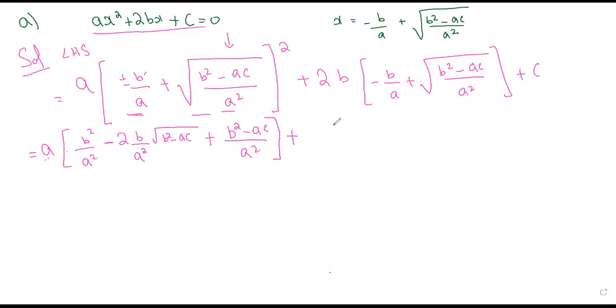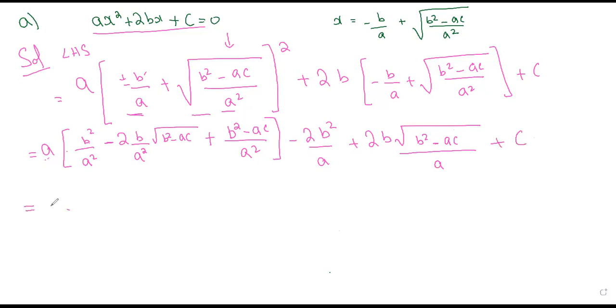Plus, and now I can just multiply this, because I would have to multiply this at the end, so let's just do it here. Minus 2B squared over A plus 2B under the root B squared minus AC over A, right? Plus C.